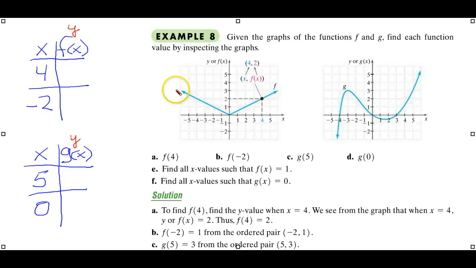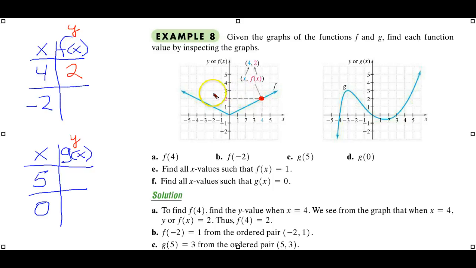So we have x is 4. Where is x 4? 1, 2, 3, 4. And we have a point right there. What is our y value there? Well, it's going to be 2. So this particular point, when x is 4, y is 2.